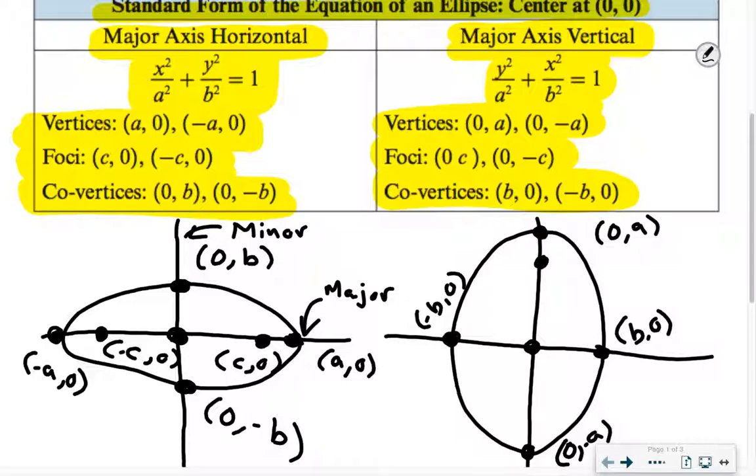Foci, 0, negative c. Major is the y, the minor is the x.